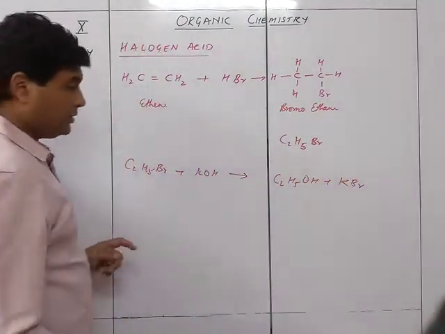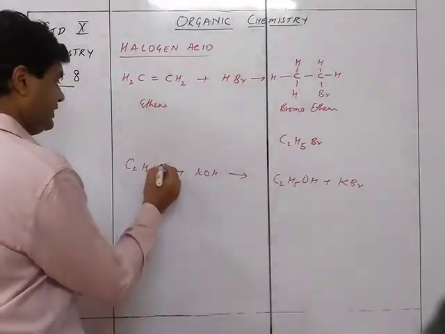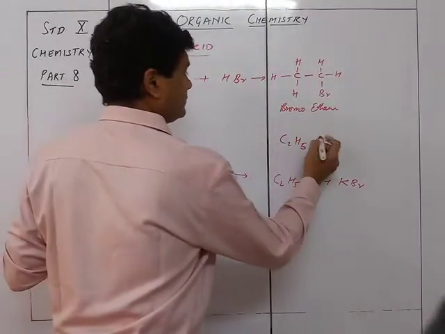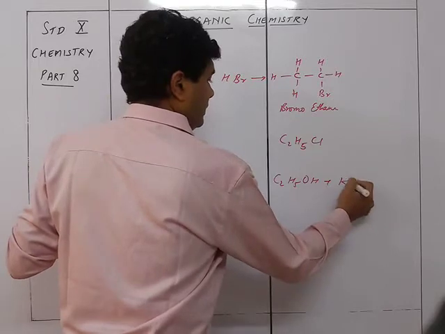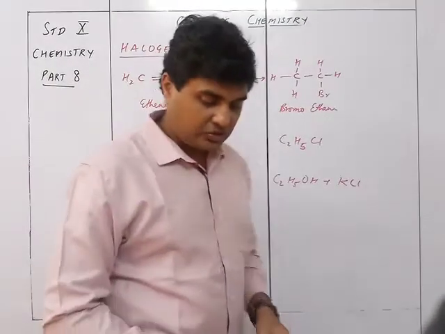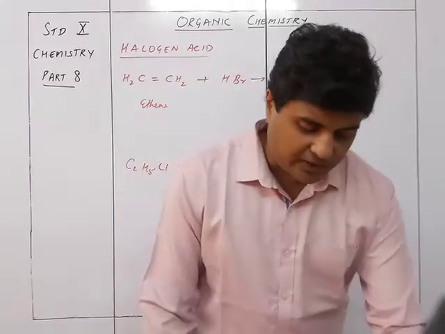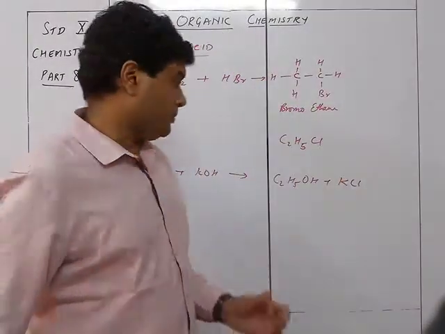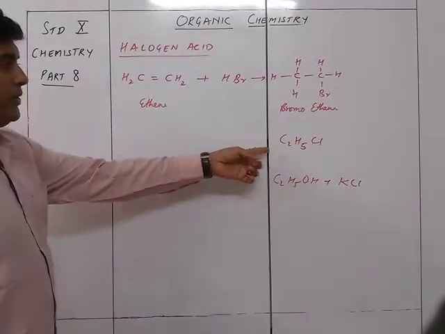Sorry, not KBr, we have to take Cl. So this is going to give me C2H5OH plus KCl. So that is the reaction for giving ethanol from the end product of this particular thing.